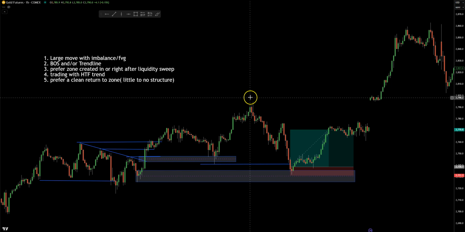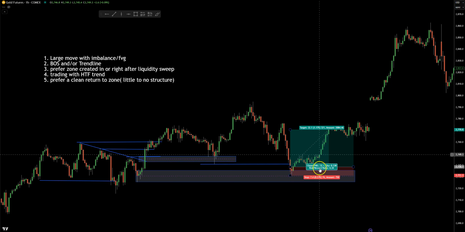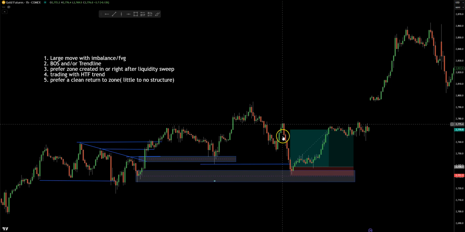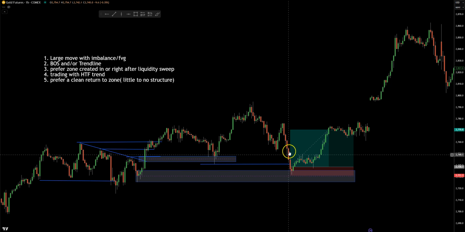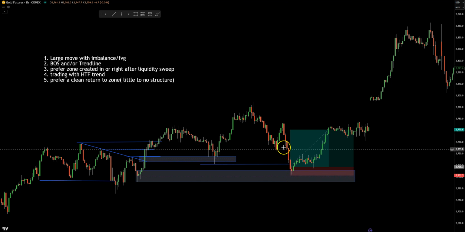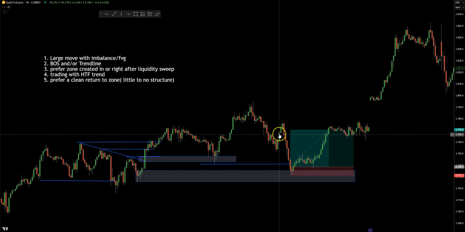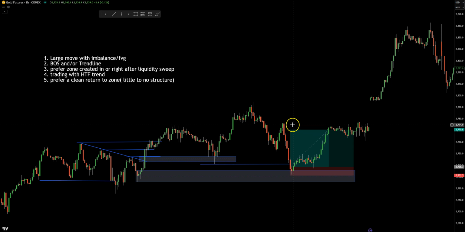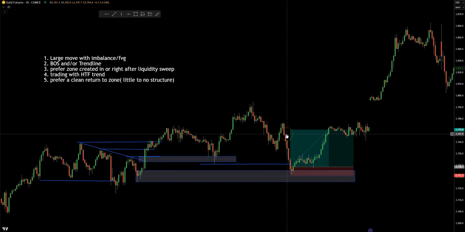But when it decides to make that move, we want the cleanest move possible. If this structure here had been low enough, like if it had pulled down to here, barely come up and then come down, I probably wouldn't have taken that trade, because when we do have structure down, I'm typically trading to the most conservative structure. And if it doesn't give me a good enough R to R, I just won't take the trade.